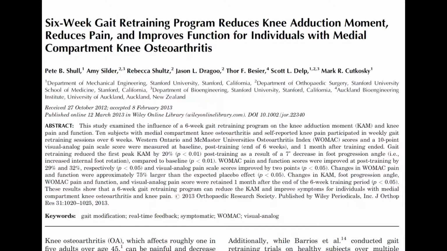Now I want to show one more example of a traditional experimental project, and this one is a little bit of a hybrid between experimental research and proof of concept, because what they are testing, what they are evaluating here is a particular gait training program that they have designed.